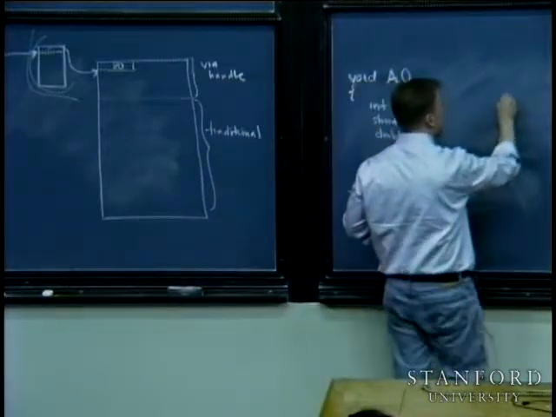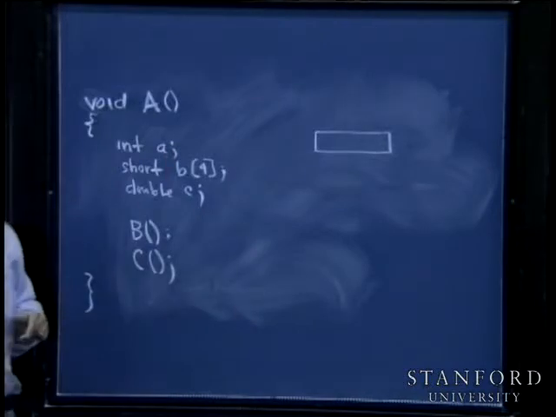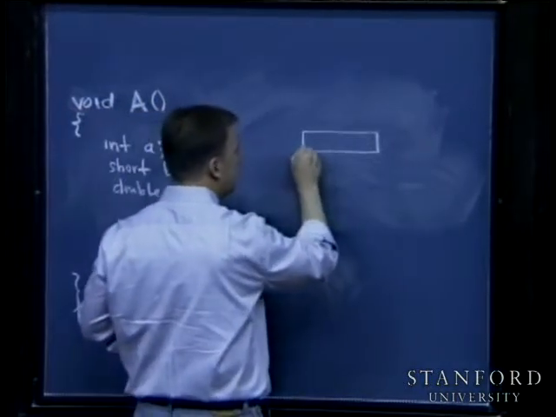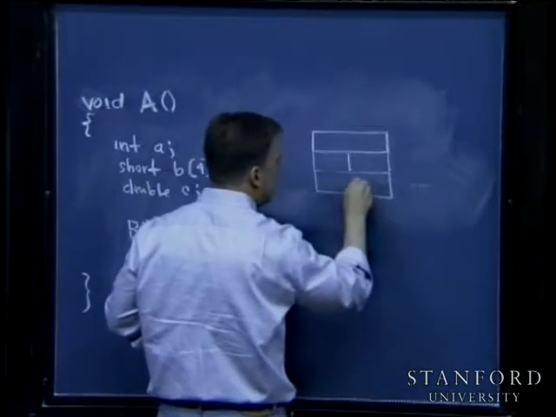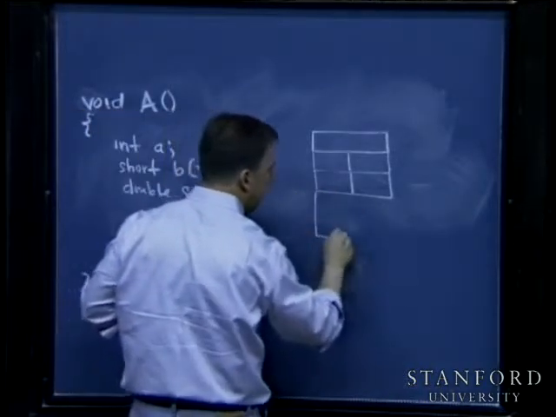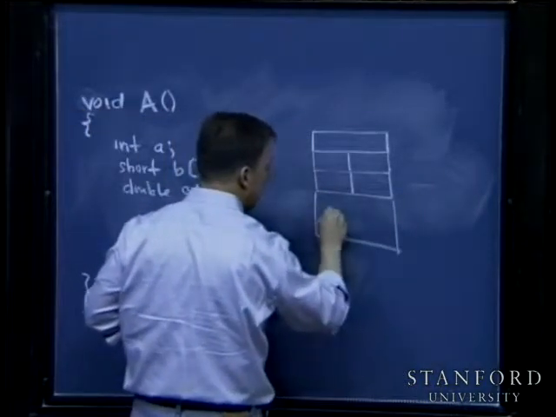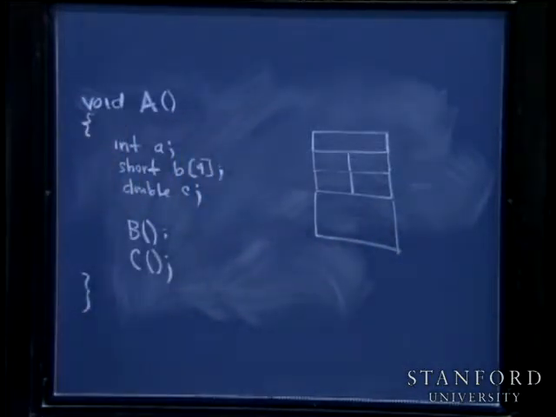Because a is declared first, a gets a 4-byte rectangle, and because b's declaration is right afterwards, it's allocated right below it in memory. This being an 8-byte double would have a rectangle that's twice as tall, to emphasize the fact that it's 2 rows as opposed to 1. Does that make sense?